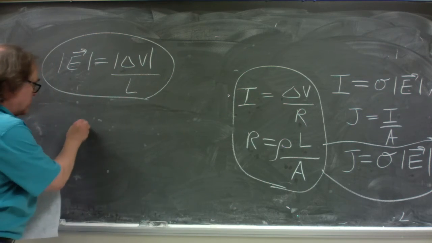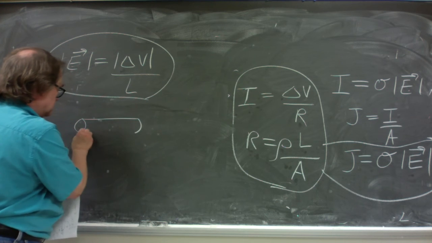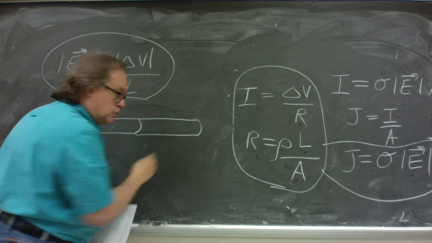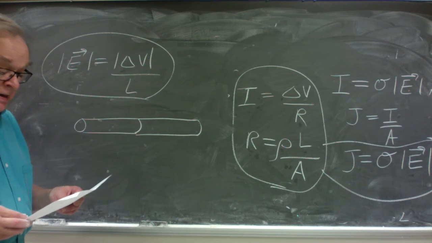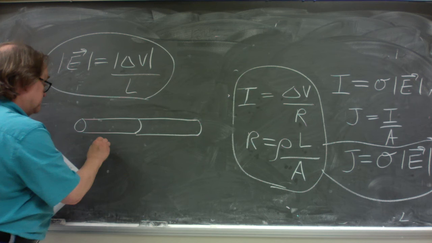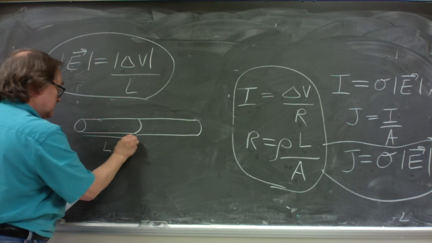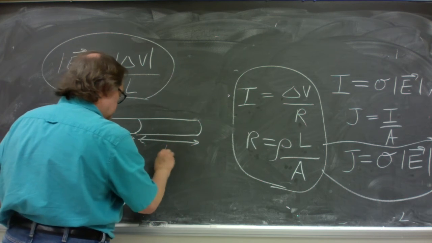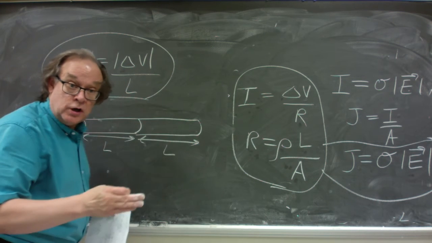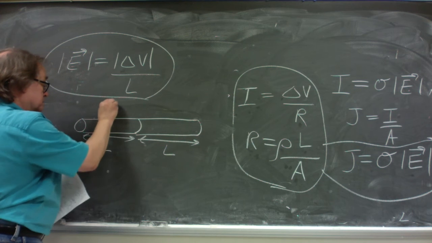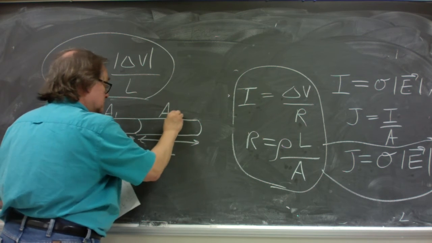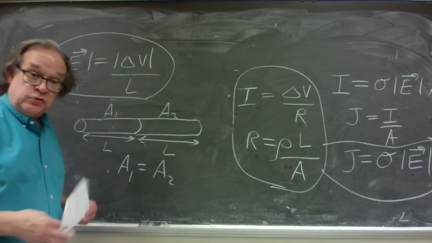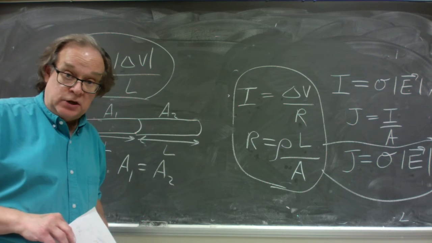Got two pieces of wire. They're both the same length and the same cross-sectional area. The one difference is they're made out of different kinds of materials.